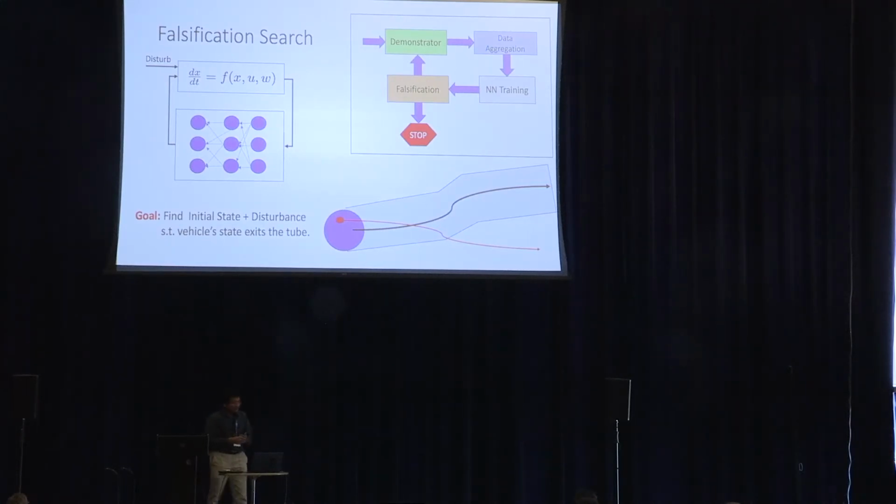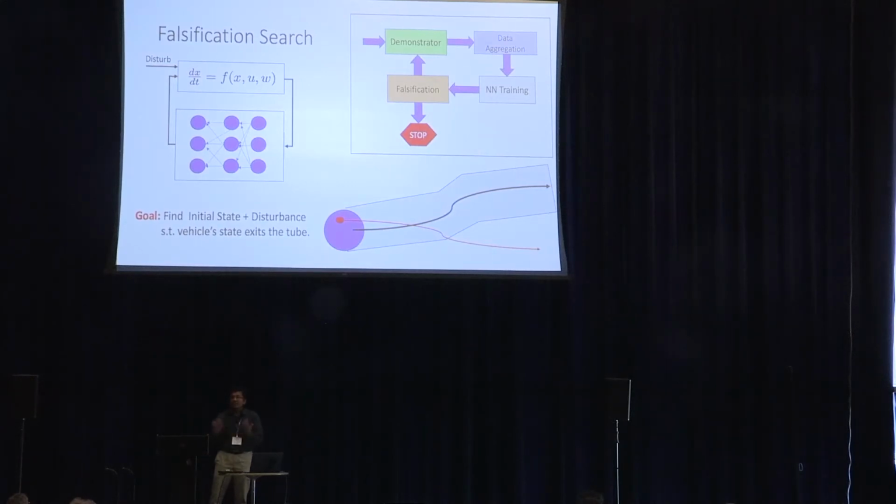So I consider the network in feedback with the ODE or the dynamics of my system. And I would like to find a red initial condition and some disturbances, which I can't show. But there are some disturbances, let's say, such that the resulting trajectory violates my robustness specification. So falsification is the problem of finding counterexamples. Given a system, given a property, I'm interested in finding counterexamples.